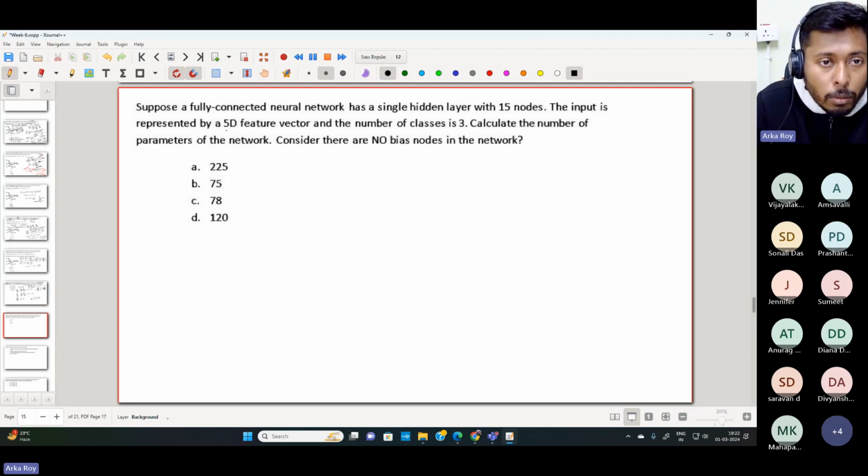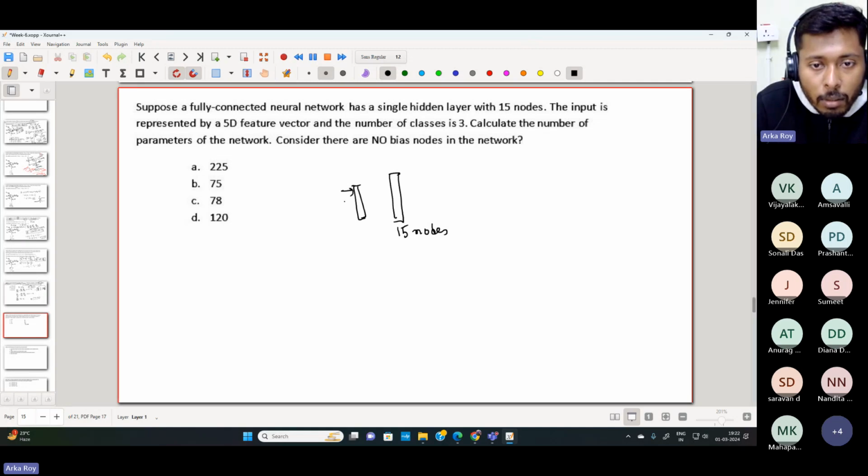Okay. So the next question states that suppose you have a fully connected neural network with a single hidden layer, which has 15 nodes, and the input is a 5-dimensional feature vector.